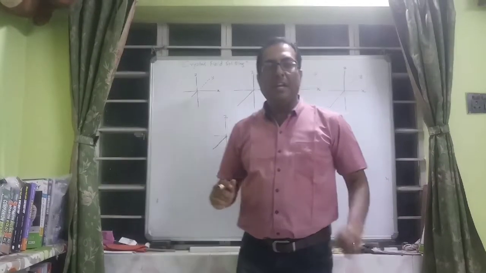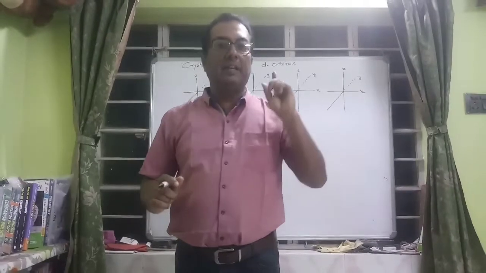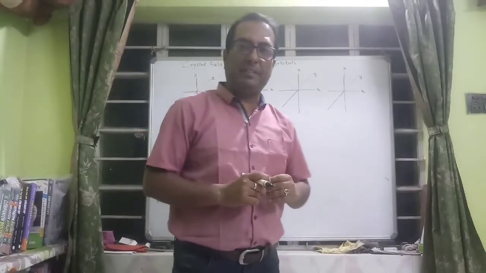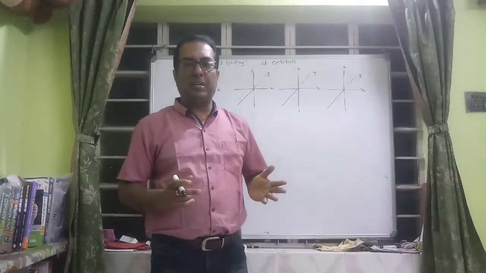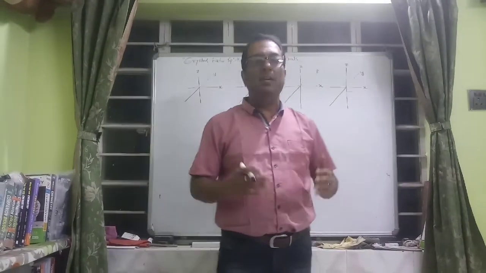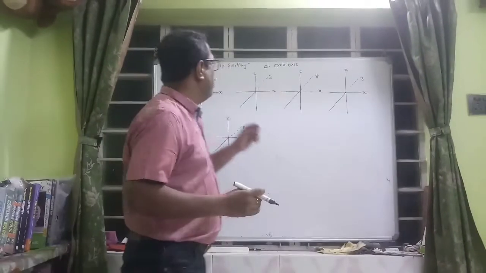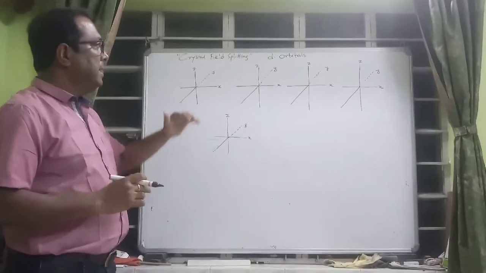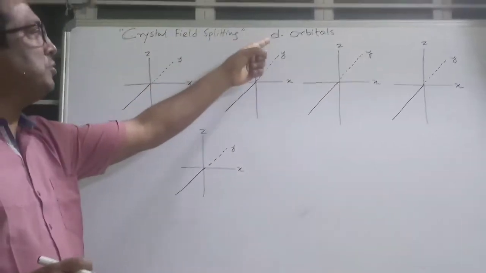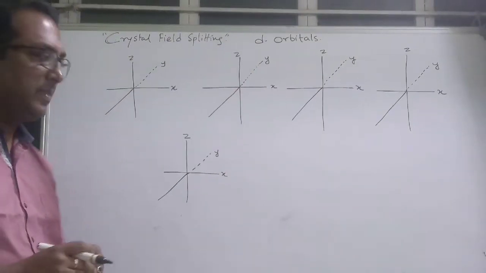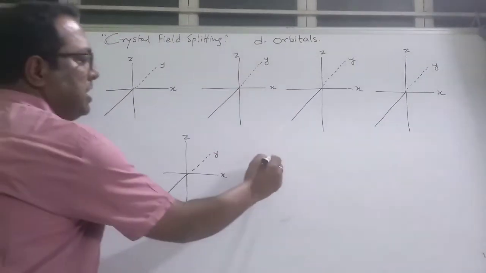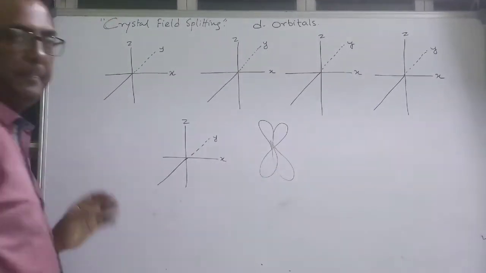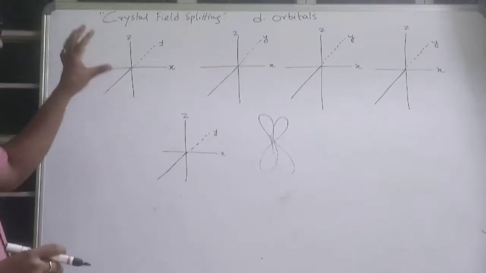Hello students, here we are going with the crystal field splitting. As we have already covered valence bond theory and Werner's coordination theory, today we are going with crystal field splitting theory. In this theory, first you have to know about the d orbitals. You know very well the d orbitals look like a double dumbbell. Now how do they occur?